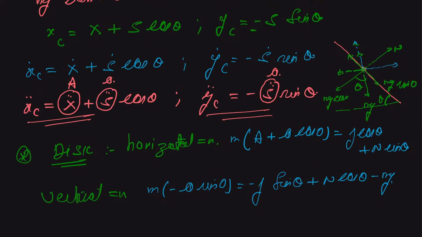So we have these two equations, and we are also given that there is only pure rolling, no slipping.